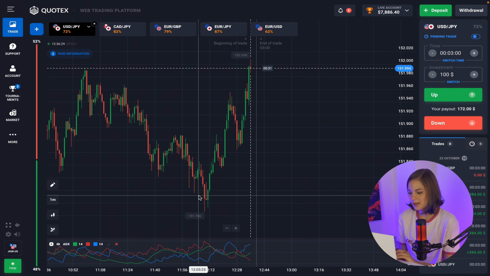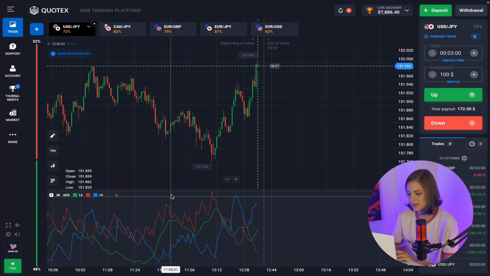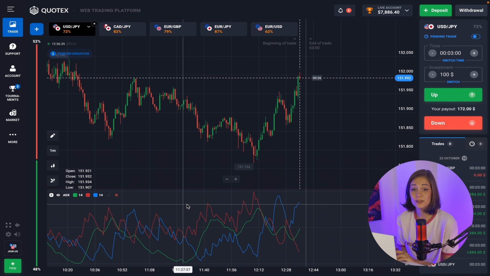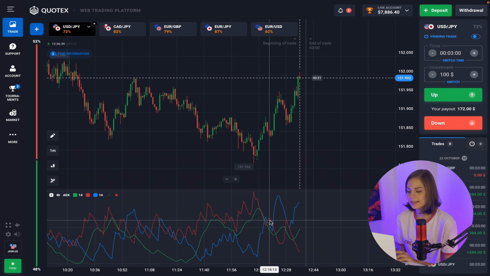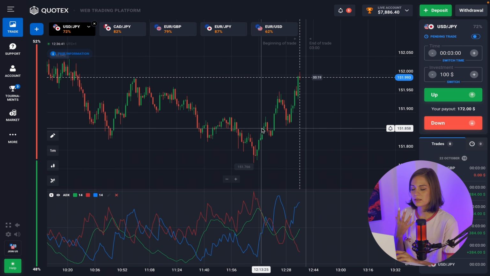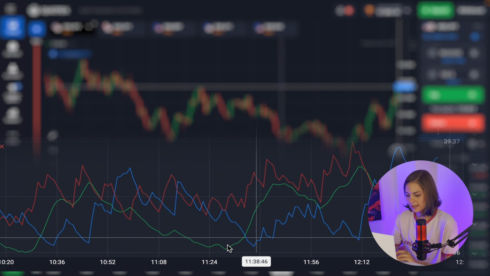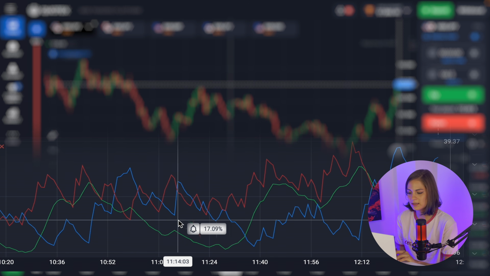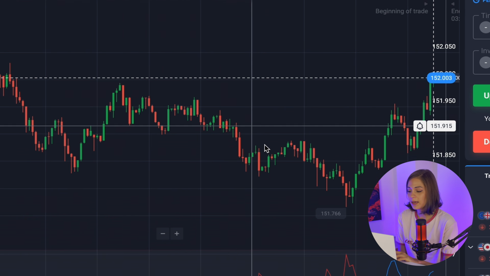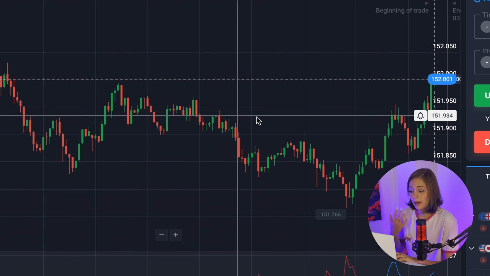So okay, let's look at our chart and make our indicator much bigger to see better. And what does it show us? Let's look at the green line first. It shows us what strength the trend has at this moment. And right here we see that ADX was lower than 20, and of course we understand that at this point there was not a specific trend, an uptrend or a downtrend.